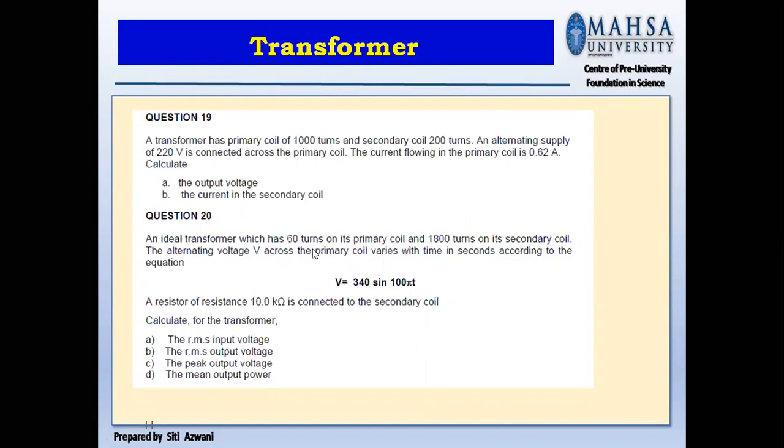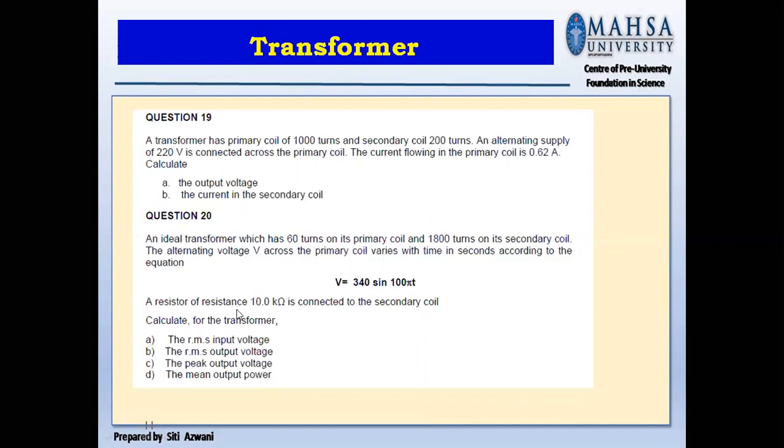If you refer to your question, there are 600 turns in the primary coil and 1800 turns in the secondary coil. Here you have an equation of the alternating voltage across the primary coil, and you are given a resistor of 10 kilo ohm connected to the secondary coil.